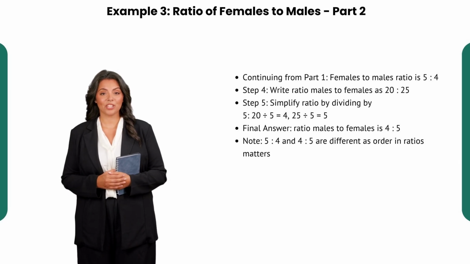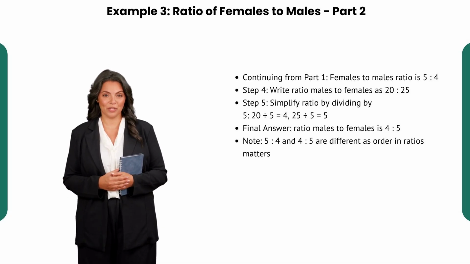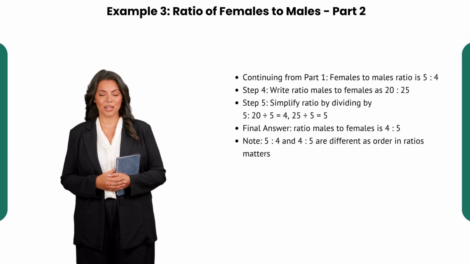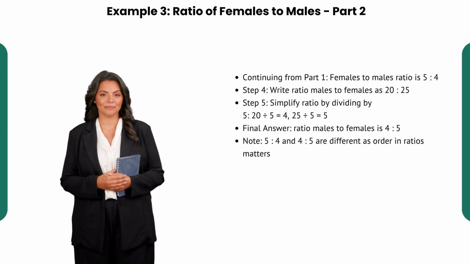Thus, the ratio of males to females is 4 to 5. Notice these two ratios, 5 to 4 and 4 to 5, are not the same. Ratio order matters because 5 to 4 means 5 parts to 4 parts, not the other way around.